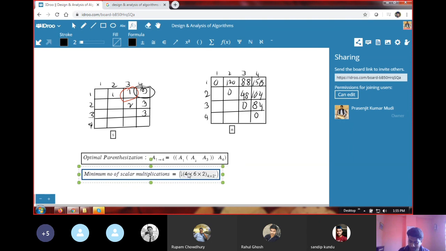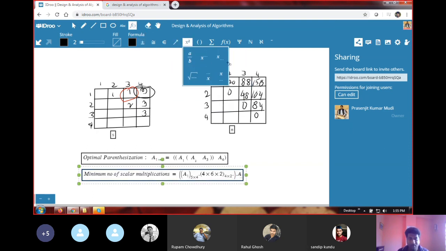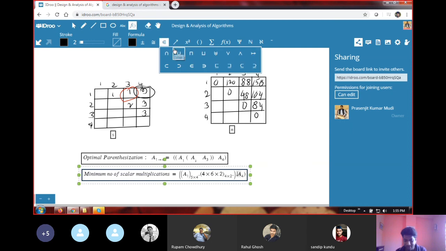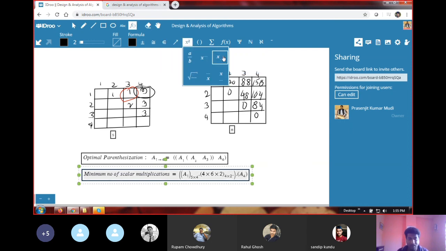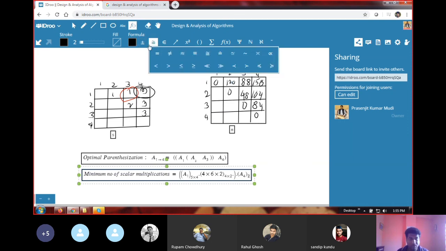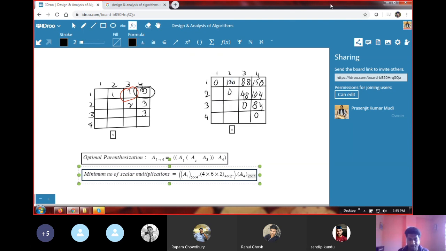This will be computed here first, then suffix 4, A4, which has dimension 2 cross 7. Now in the next line you proceed, A1 is getting multiplied with this product.